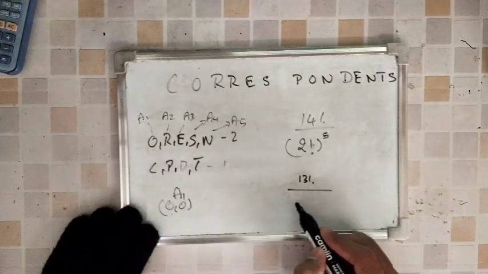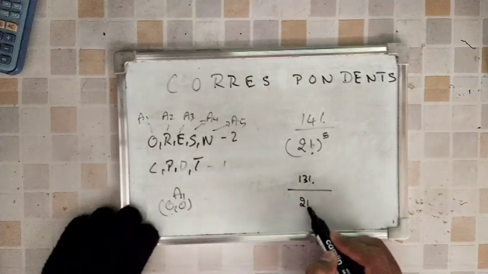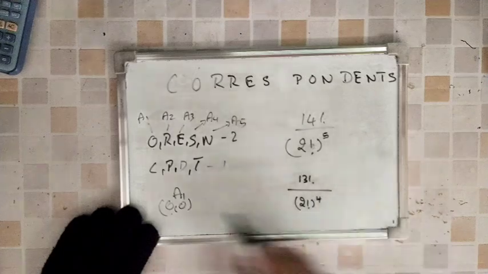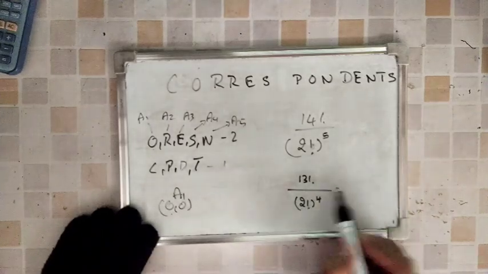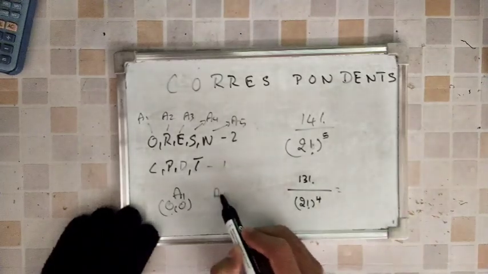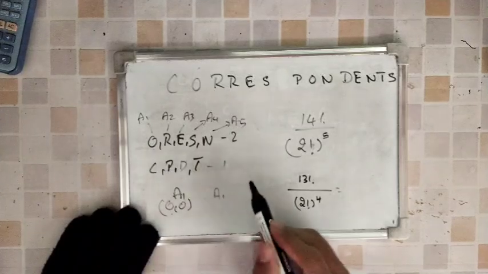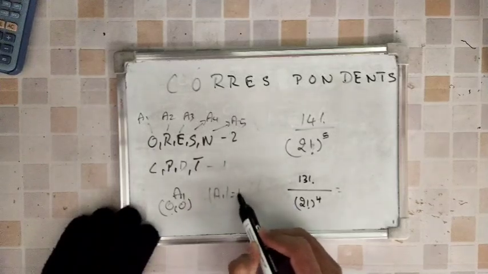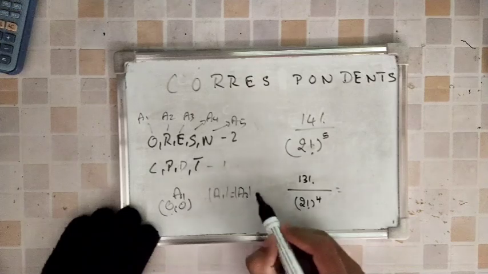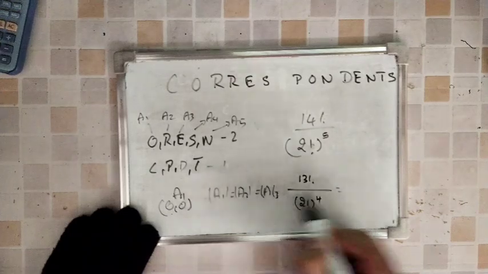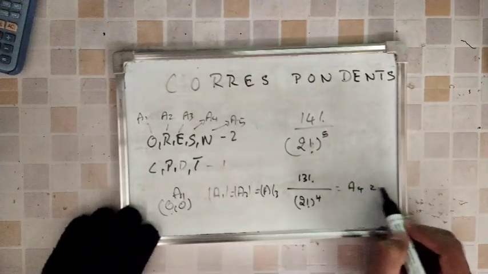So it will be 2 factorial to the power of 4, which is the same for this A1. Okay, so mod A1 is equal to mod A2 is equal to mod A3 is equal to mod A4 is equal to mod A5.